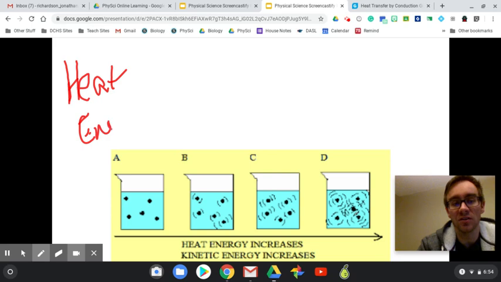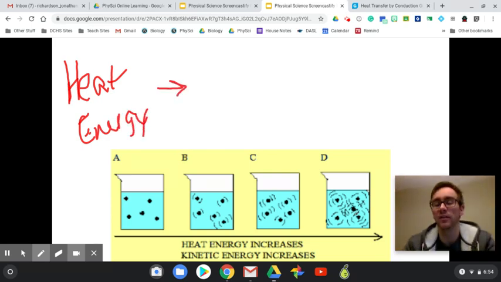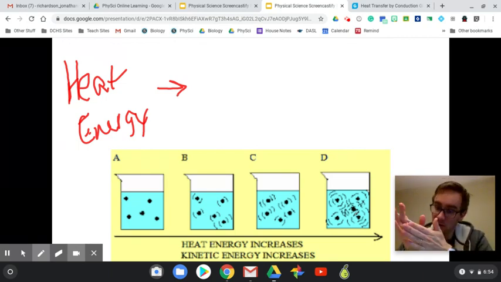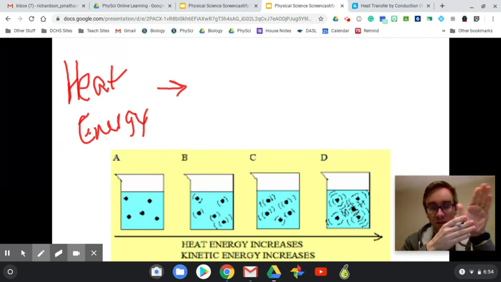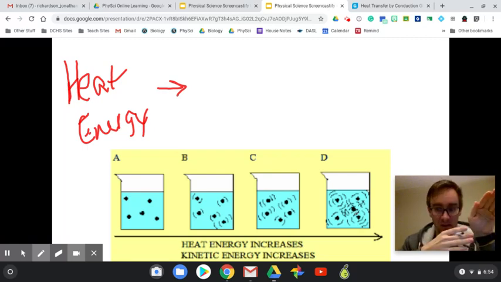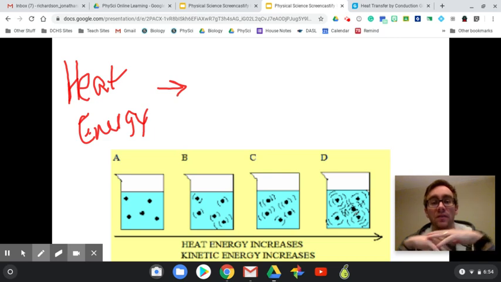Heat energy has to do with molecule motion. We talked about earlier that basically all types of energy are either some sort of potential energy or some sort of kinetic energy. Heat is a type of kinetic energy at a very small level.